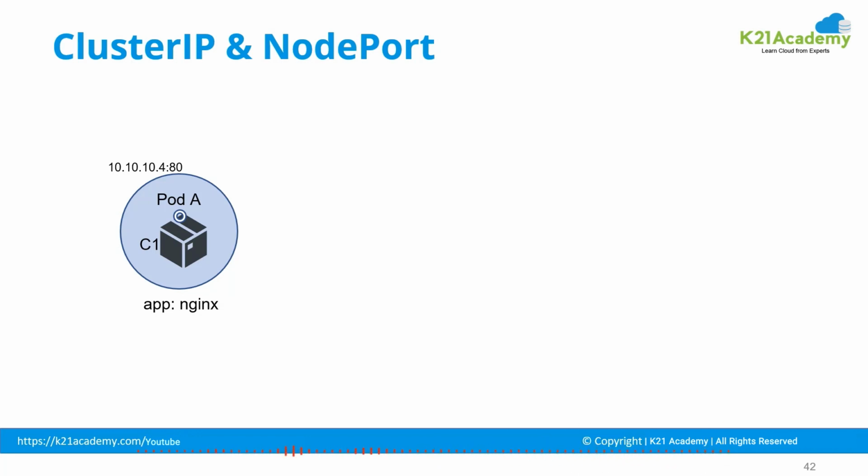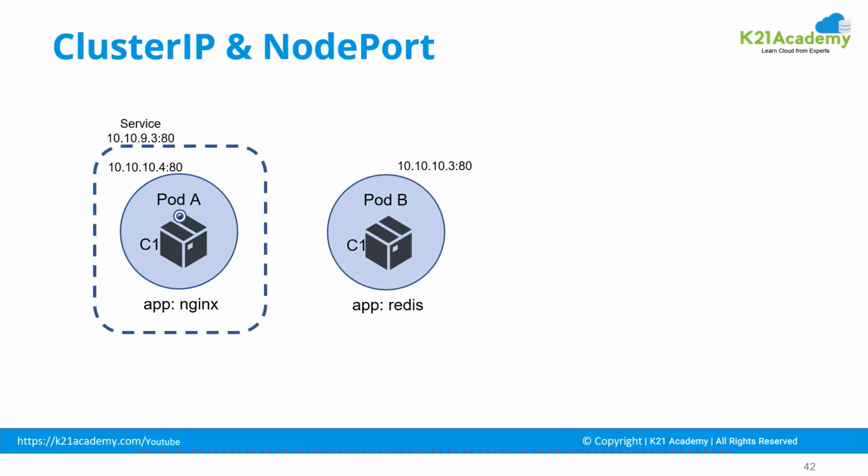So that's the cluster IP you're assigning. And similarly, if you have an application 2, which is a Redis application, that will also have a service exposed, which is a cluster IP, and that cluster IP is 10.10.10.3:80.